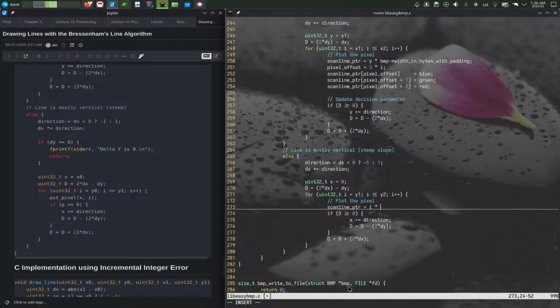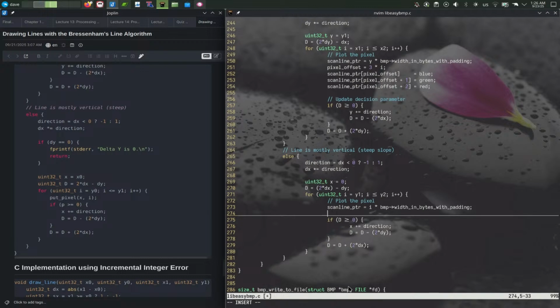times BMP width in padding. Width in bytes with padding, right? So then the pixel offset is going to use X instead this time. Instead of I, right? So we have our X, right? X is 0, and then it should be getting set to, oh, that's weird. It shouldn't be 0, it should be set to X1. There we go. So X is going to be 3 times X, right?